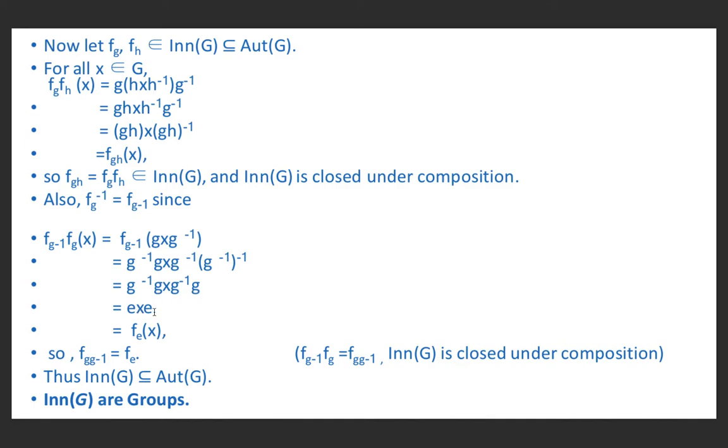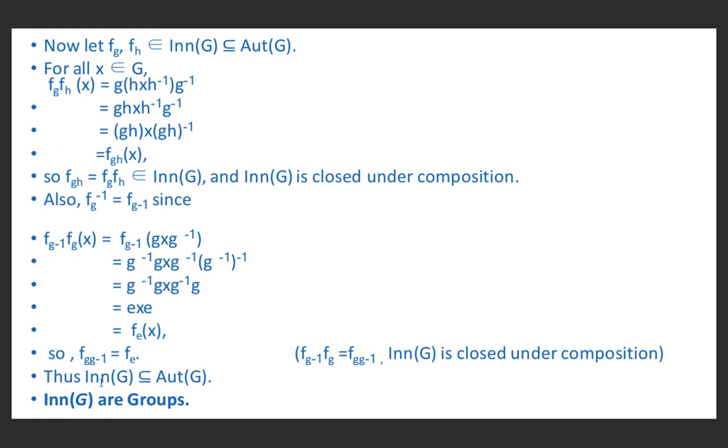So we get e x e, and we know the inverse of the identity element is the identity itself. Therefore, we can write it as Fe of x. It means F of g inverse g is equal to Fe. But F of g inverse g is equal to F of g inverse composed with Fg, because we have proved that the inner automorphisms are closed under function composition, that Fgh equals Fg Fh. So F g inverse composed with Fg is equal to Fe.